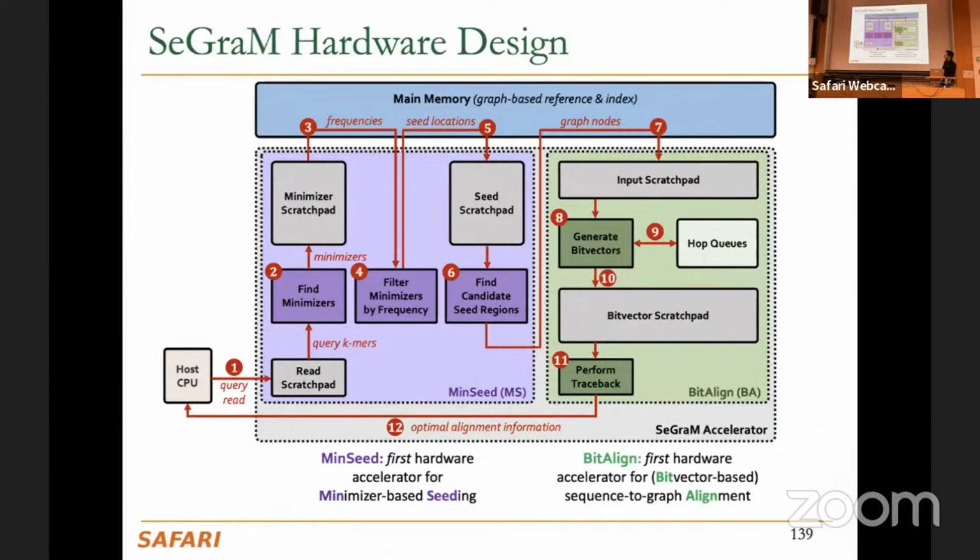So we try to accelerate the entire sequence to graph mapping on hardware. And when you look at it, it actually is mainly similar to Genome. What is different is we have this now minseed part over there, which does not necessarily use all subsequences in your read. It rather performs some sampling in your read, so it reduces the amount of data that you're processing.